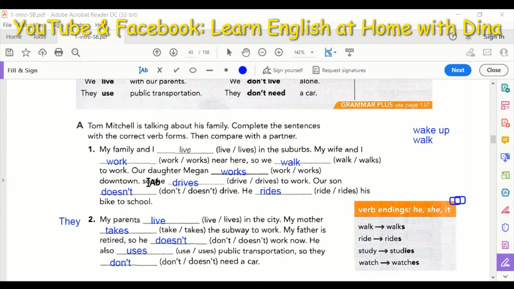Our daughter Megan works downtown. Yes. So she drives to work. Our son doesn't drive. He rides his bike to school.